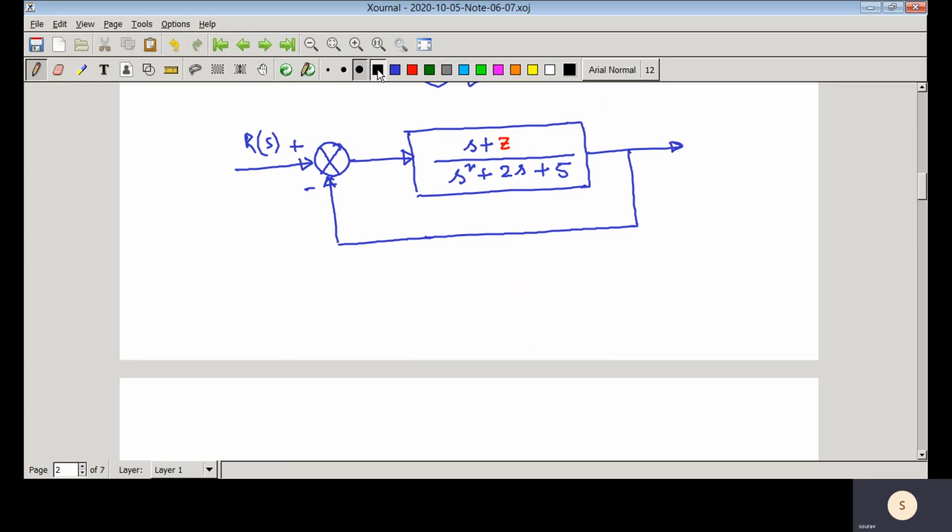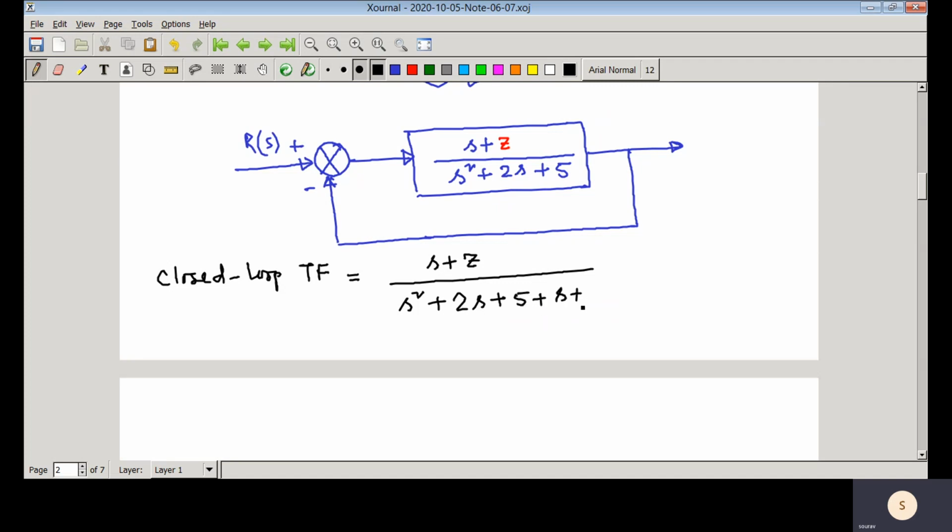So the closed loop transfer function is equal to (s plus z) divided by (s square plus 2s plus 5 plus s plus z).